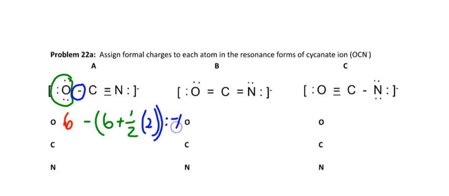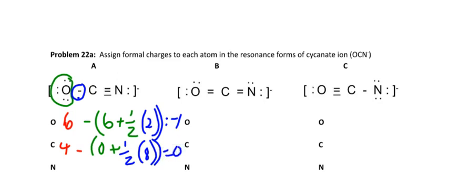All right, that's not too bad. Why? Because I know oxygen's pretty electronegative. Let's try carbon here. So carbon has 4 minus, how many lone pairs are on the carbon? None. Okay, that's good. How many total bonded electrons are there? There are 2, 4, 6, 8. Okay, so a half of 8 is 4, 0 plus 4 is 4, 4 minus 4 is 0.